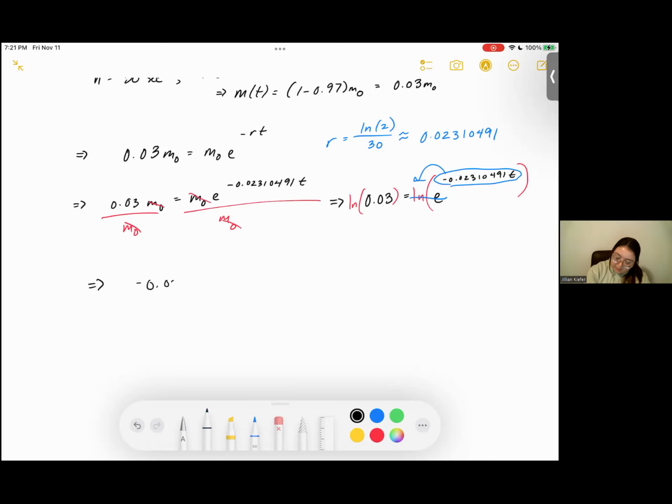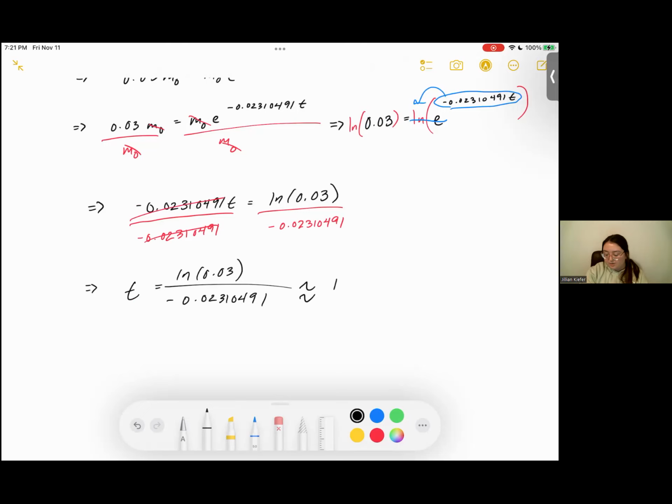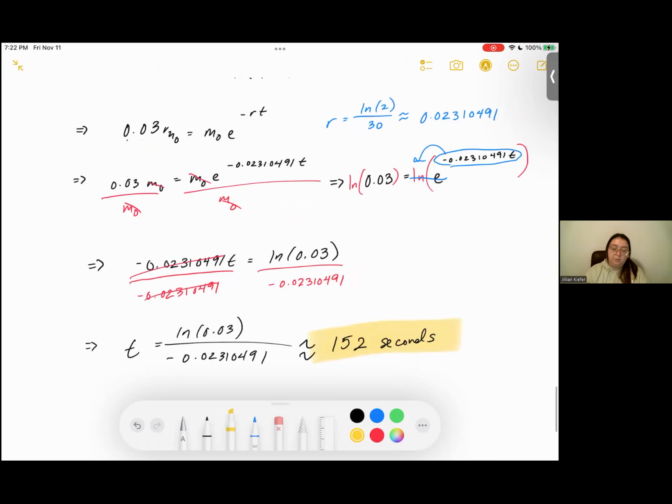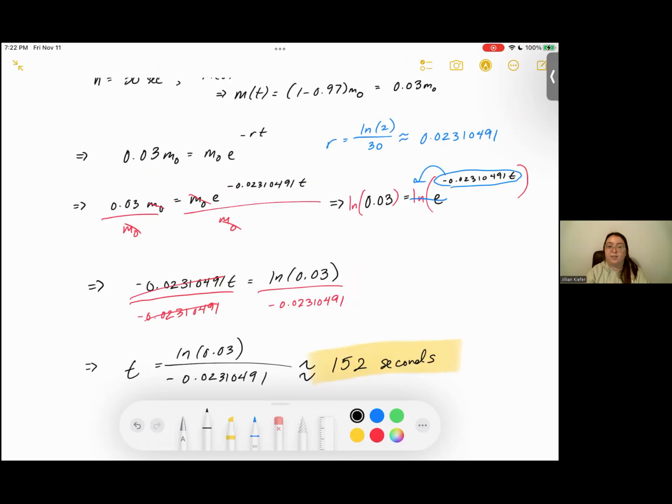We want to round this to the nearest whole number. We'll plug this into our calculators. To the nearest whole number, we get 152 seconds. And that would be our answer for that example.